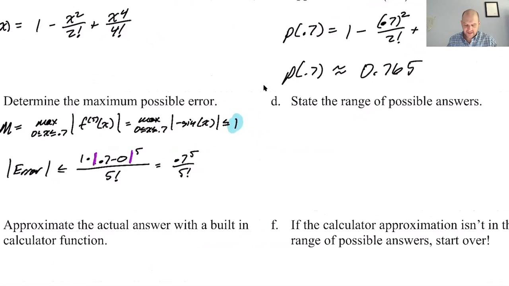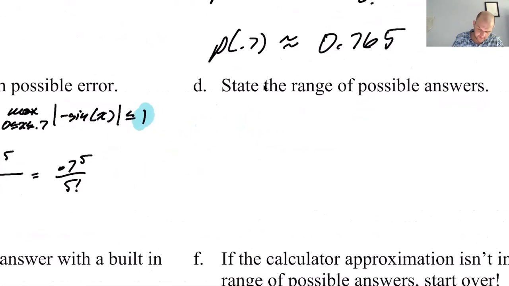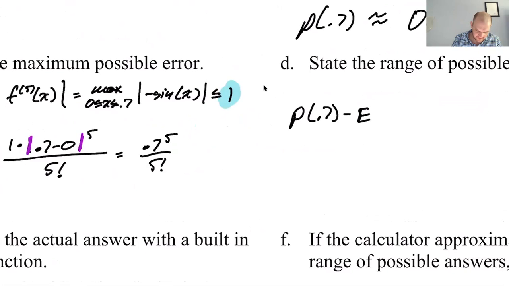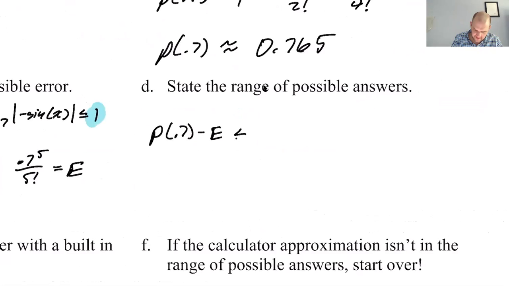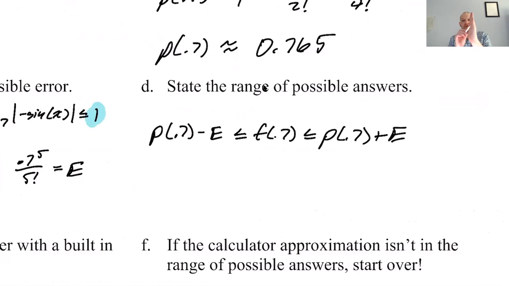The range of possible answers: the actual value is our approximation, which is P of 0.7, minus E, let's call this capital E, is definitely less than or equal to F of 0.7, which is less than or equal to our approximation plus E. So what we're saying is that our approximation is whatever it is, and we can go E in this direction, or E in this direction.